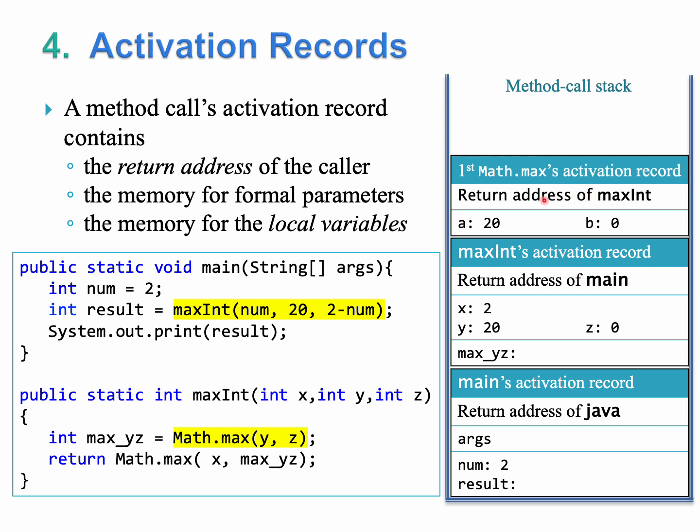In this call to Math.max, the first parameter a receives the value of y, which is 20, and the second parameter of the max method receives the value of z, which is 0.